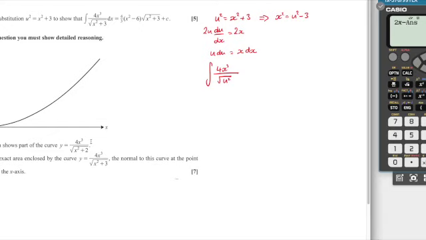If I take one of the x's from the x cubed, I can get the integral of 4x squared u du over u. That u and that u are going to cancel out.